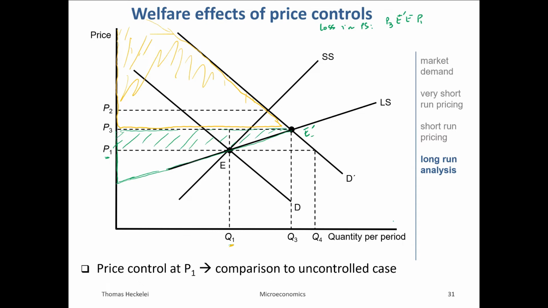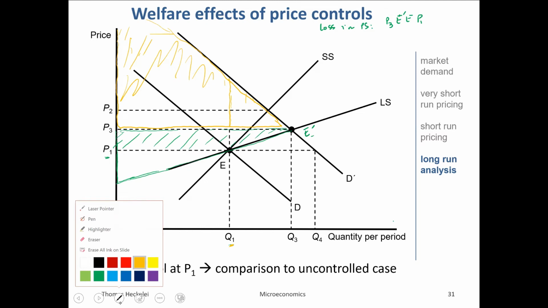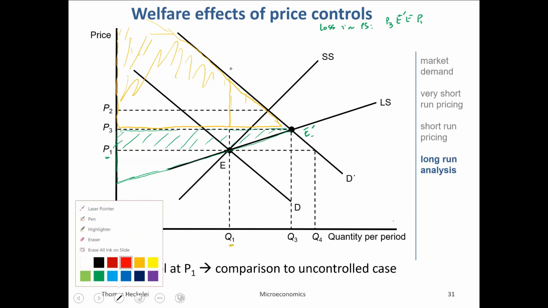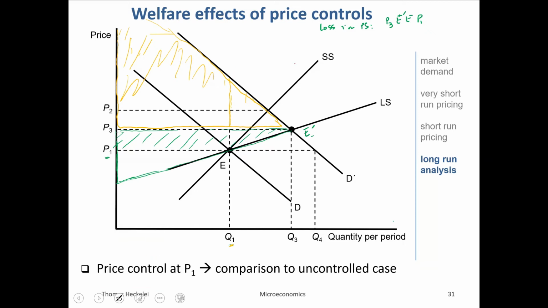So this part, I changed the highlighter again. Let me call this A, for example, and then highlight it.